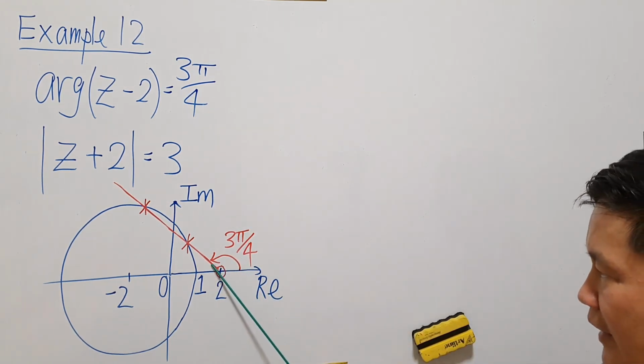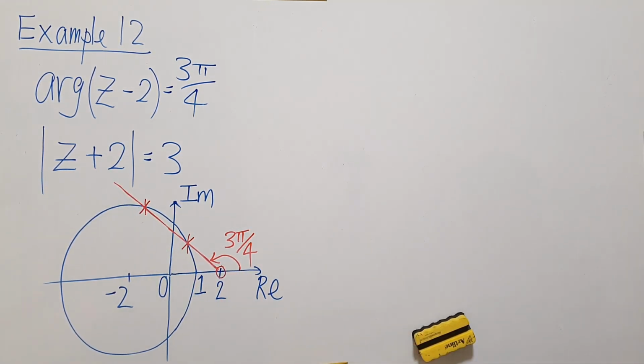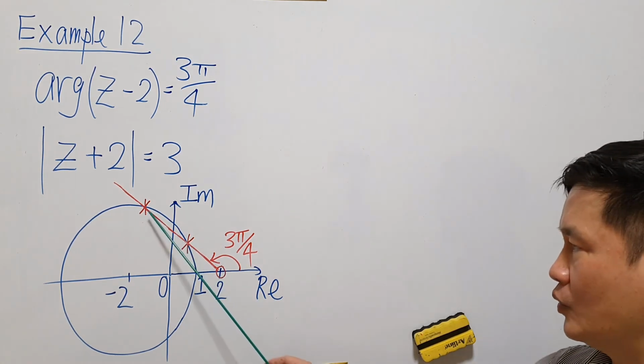And this is my half line. So in this question, you have a complex number z that satisfies both conditions, and such complex numbers z are these 2 points 1 and 2.